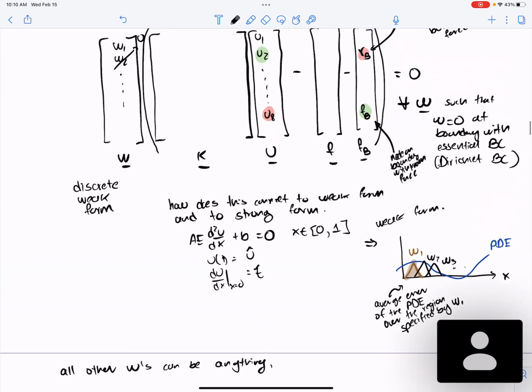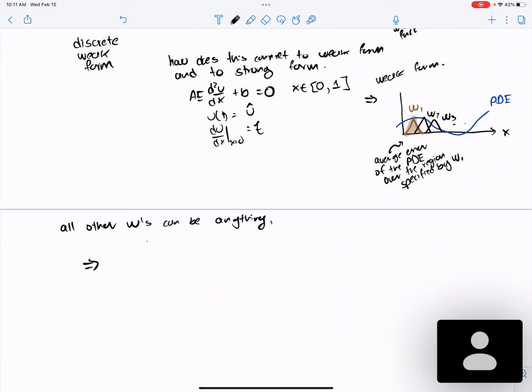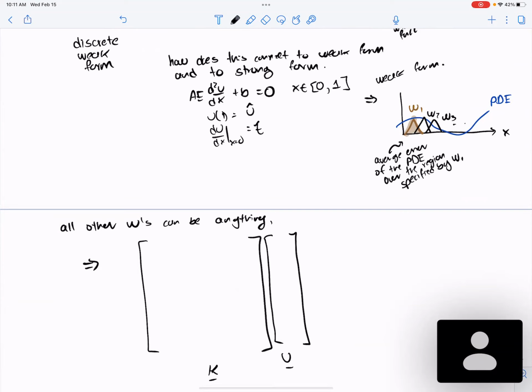So if I have that W times KU plus F equals 0 for all W's, except that one that has to be 0, then the system of equations is, I don't need to care about W really. All I need is the K times U minus F minus the boundary terms.